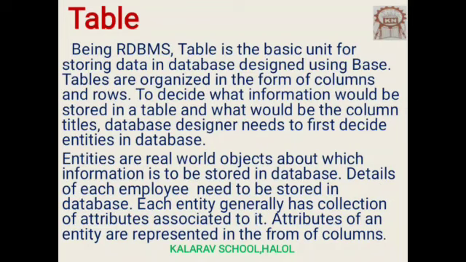Attributes of any entity are represented in the form of columns. When we store the details of an employee, they are displayed in a row, known as a record, and all attributes of an entity are displayed in columns, called fields.